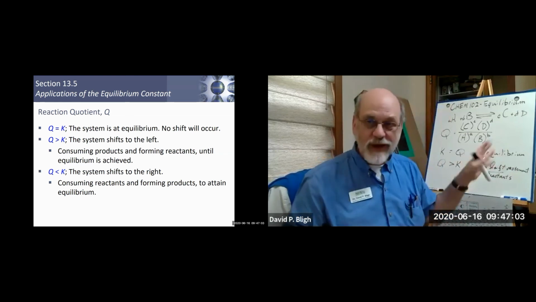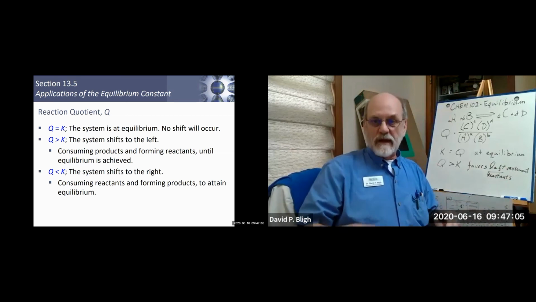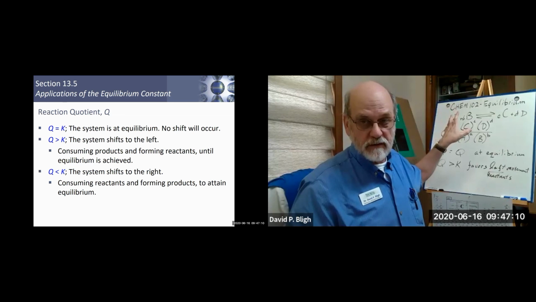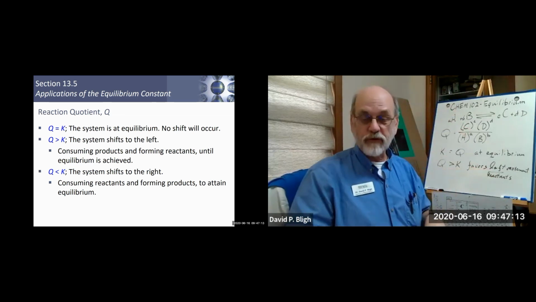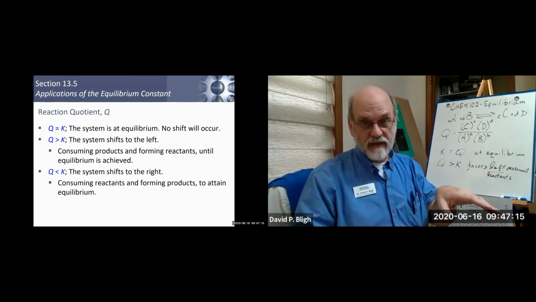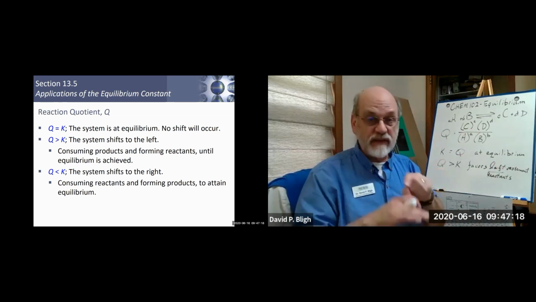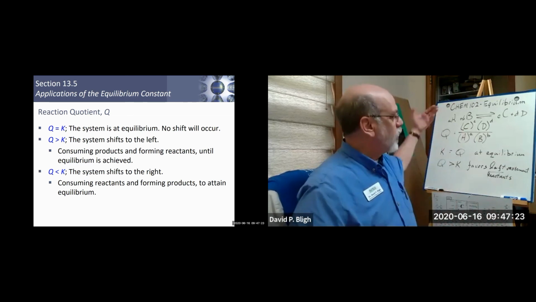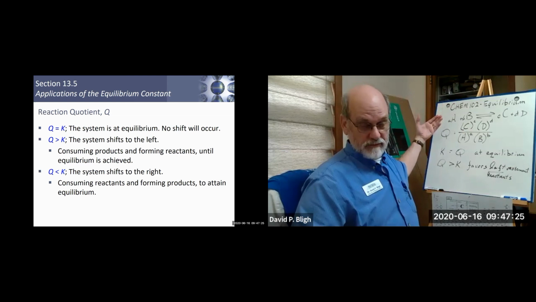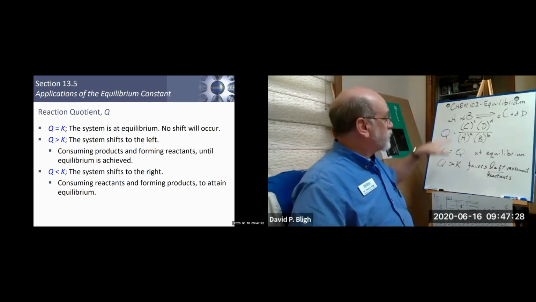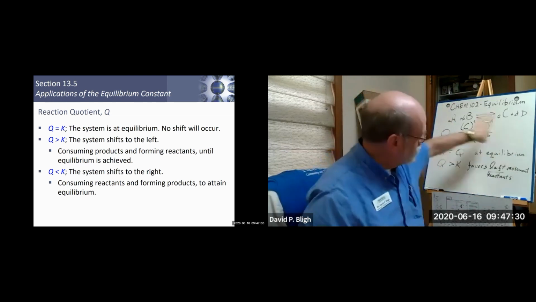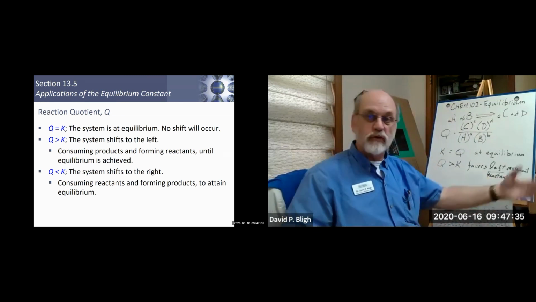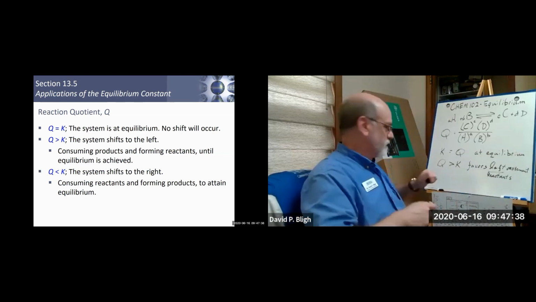When we say left and right, if you don't have a balanced equation in front of you or in front of whoever's grading your paper, then when you say left or right, it means nothing. Left and right only means something when you have an equation to reference. Okay? So since we have that equation to reference, I can say it favors movement to the left. And just for clarity, I inserted reactants. It moves toward reactants. Okay?